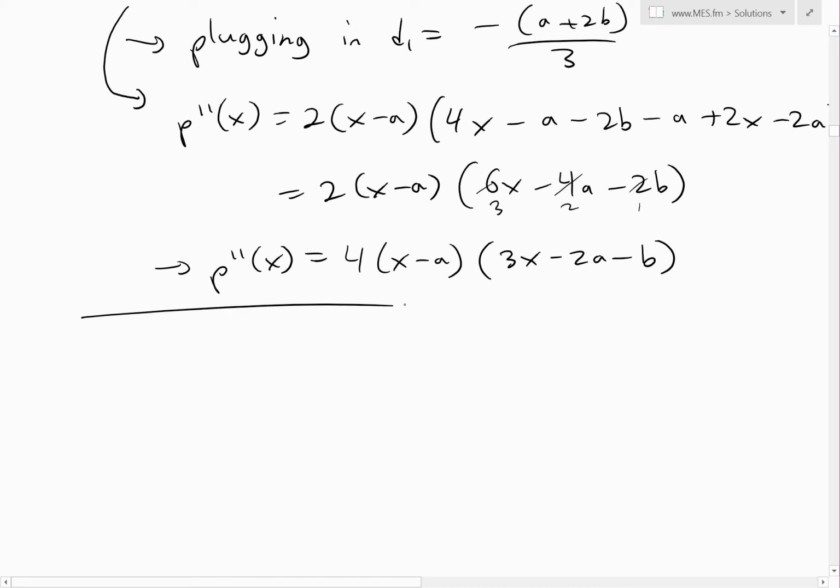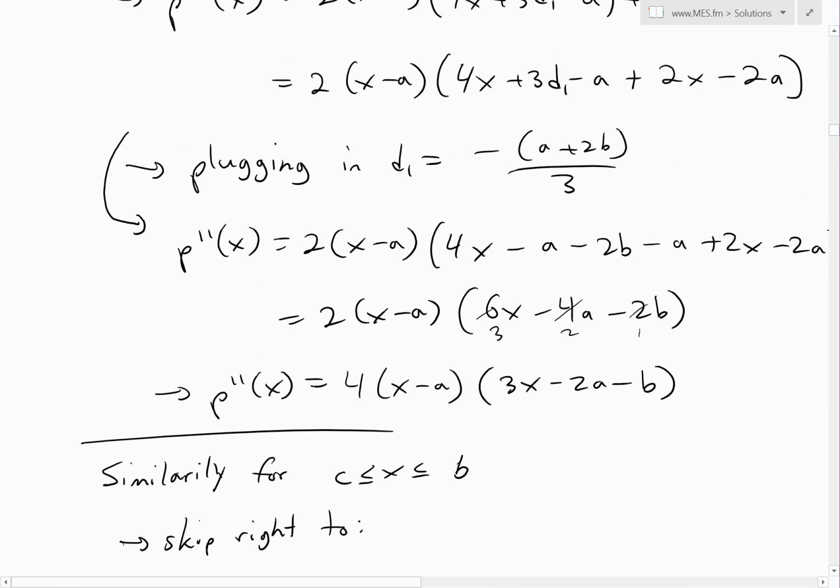And now similarly for the second part, for x is less than b, greater than or equal to c. For this part, we're just going to skip right to this part that we know is going to be over here.